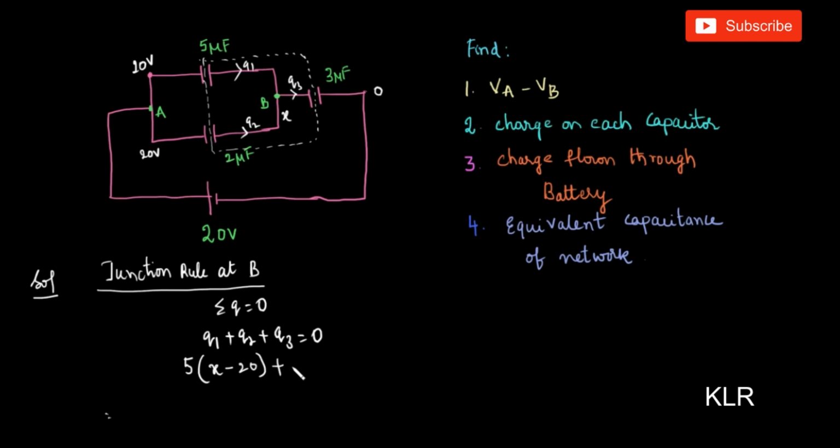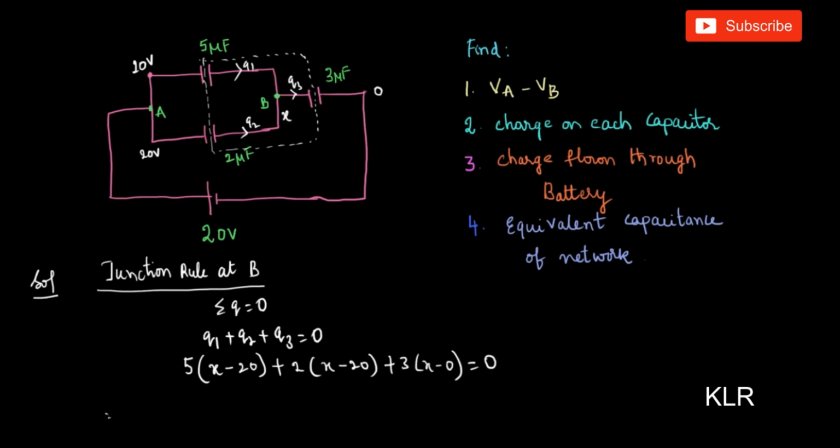Similarly, Q2 is 2 into X minus 20, since the potential difference across the 2 is X minus 20. Plus Q3 is 3 into X minus 0, that is equal to 0.